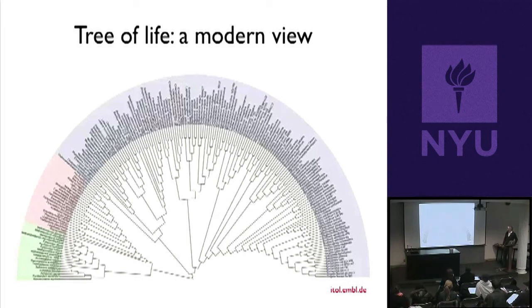And so basically you take a bunch of living organisms and you get some DNA sequence out of them, and you use those DNA sequences to figure out who's most closely related to whom. It's the same operation you would do if you're trying to figure out which males of a human population are most closely related to each other, but you're doing it over a much, much broader evolutionary time distance.